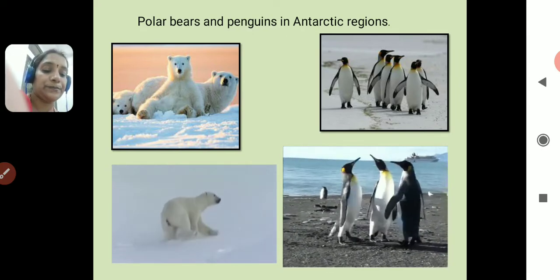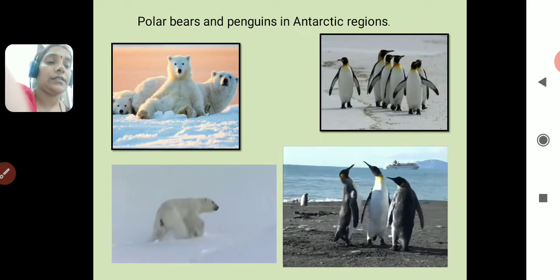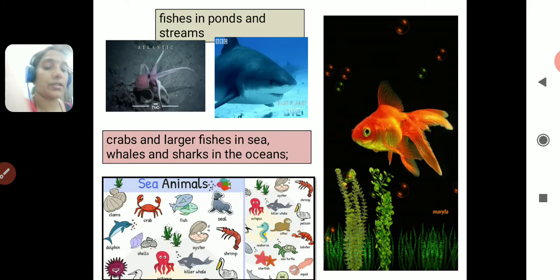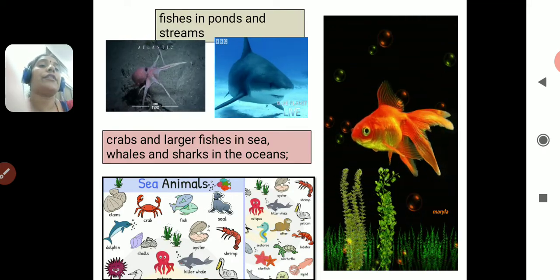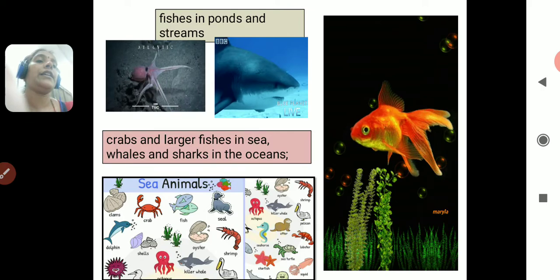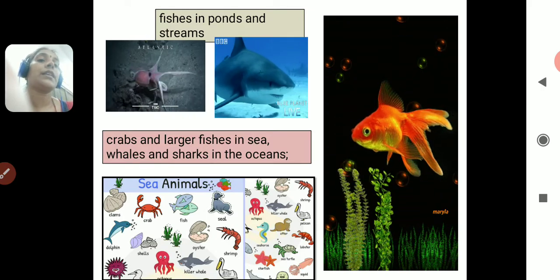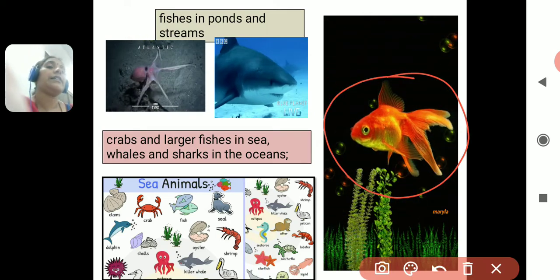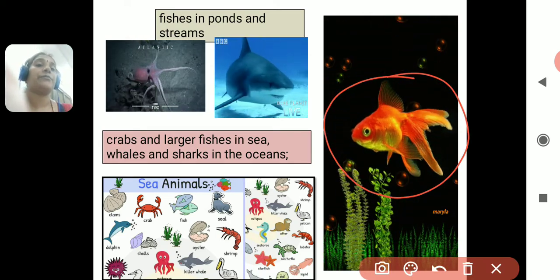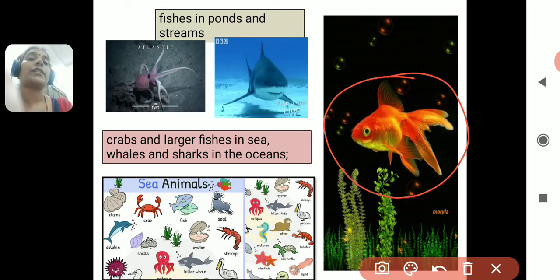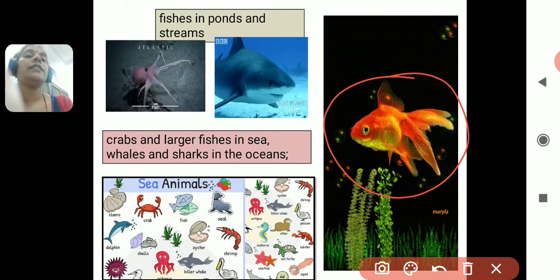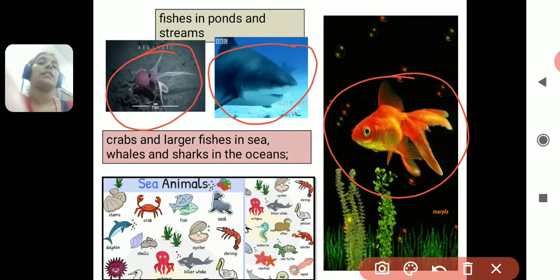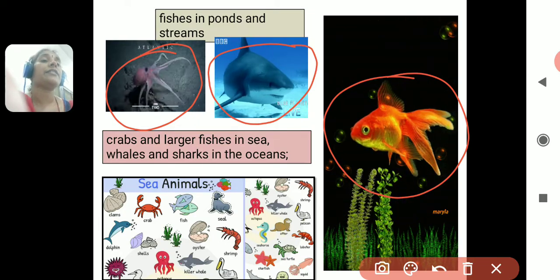Now students, let's know about the water animals. If we talk about the fish, it can survive in a pond. There are some other water animals that live in the sea.